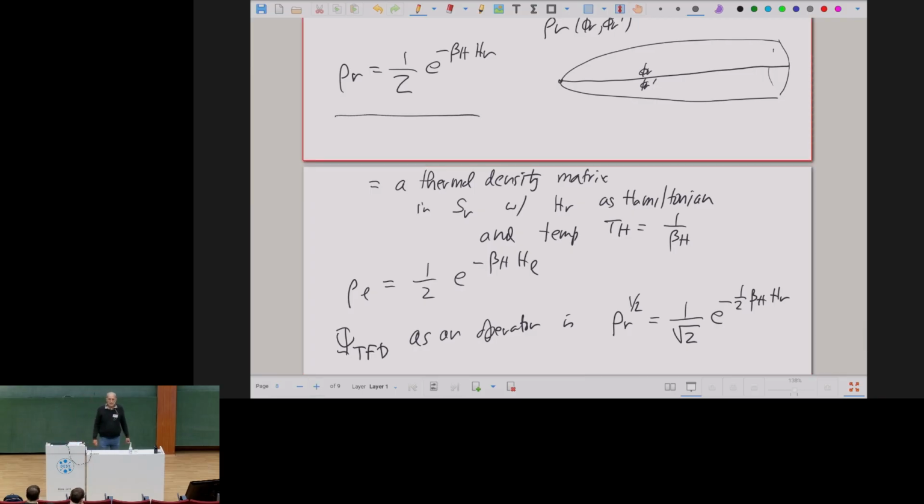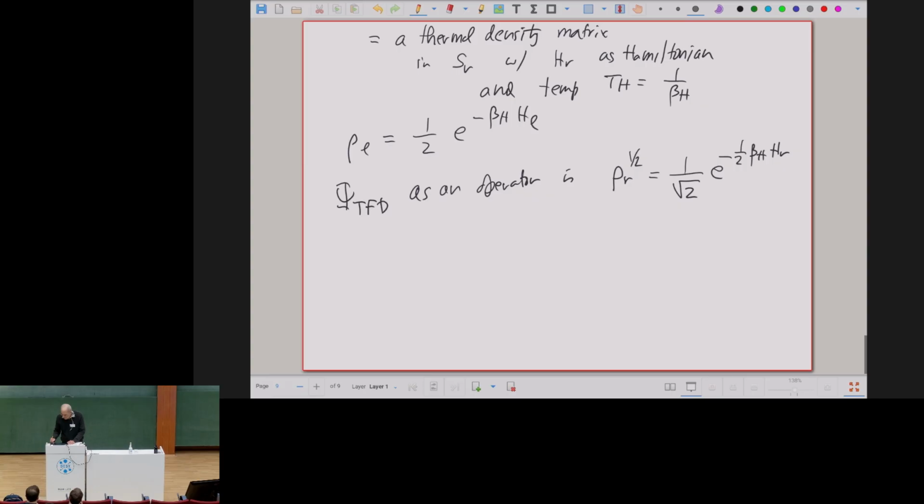Since we got the density matrix by rotating the positive region SR through an angle 2 pi, the square root rotates it through an angle pi. But if we rotate through an angle pi, if you start with this positive half, what we build up is just the lower half that we call W.